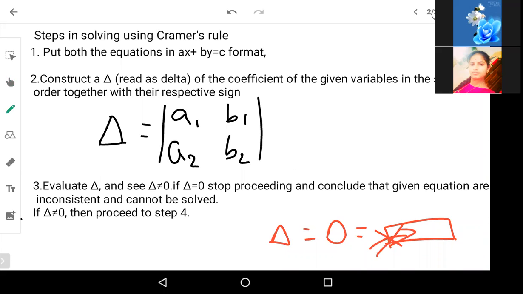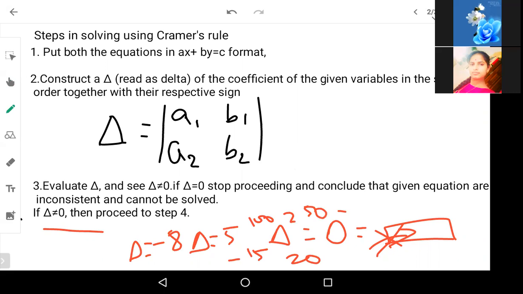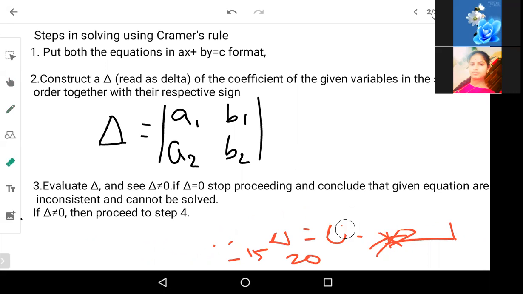But if delta is not equal to 0, if you get delta as 5, minus 8, minus 15, 20, 100, 250, minus 180, anything except 0, it can be plus or minus values, then in that case, we can go to step number 4.